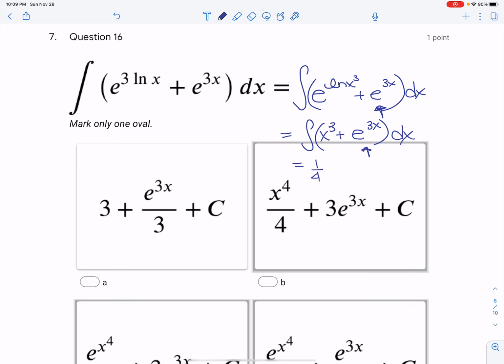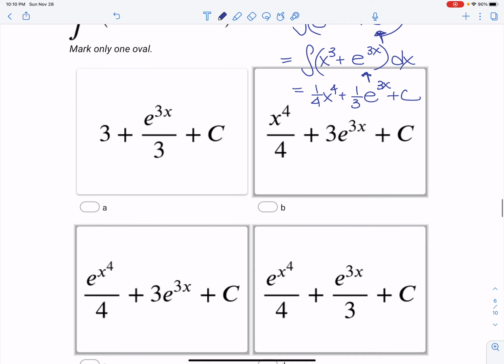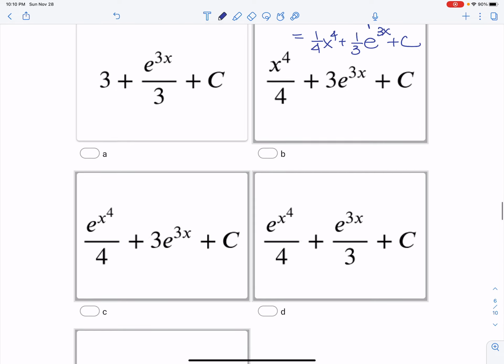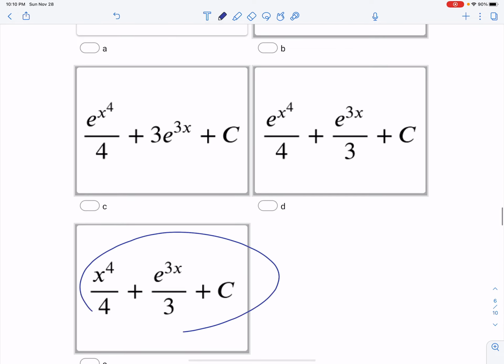So this is 1/4 x to the 4th. And then e to the 3x is the antiderivative, and then it's times the reciprocal of your exponent coefficient. And then a plus c. So that would be one of these over here somewhere. Or right here.